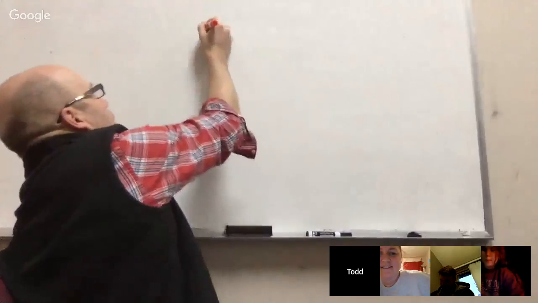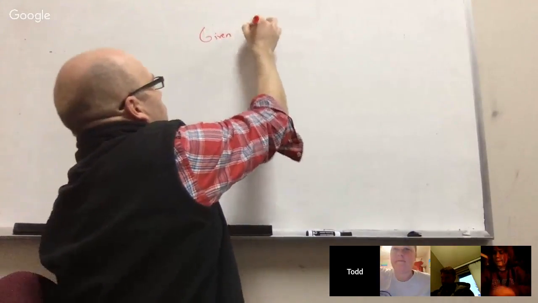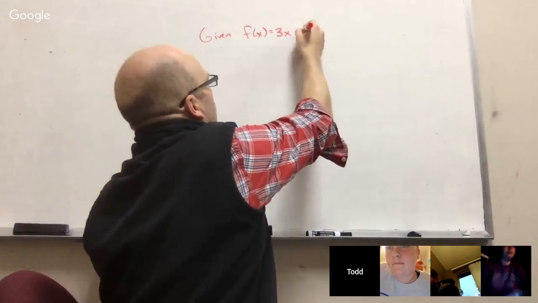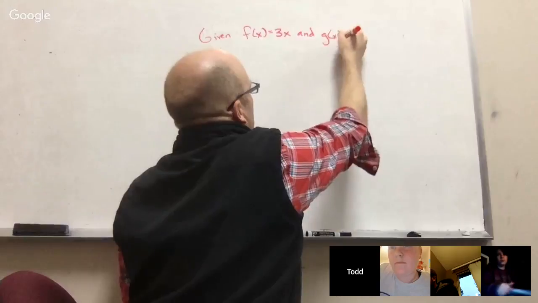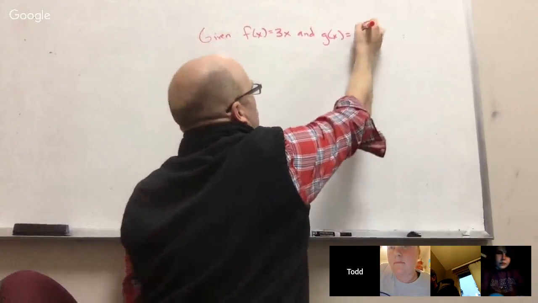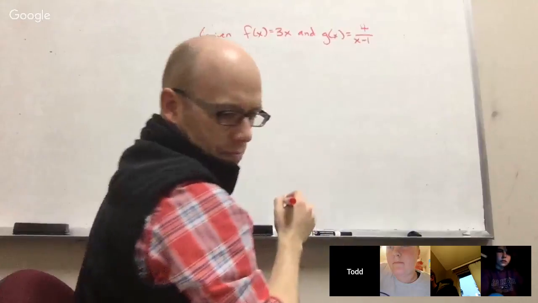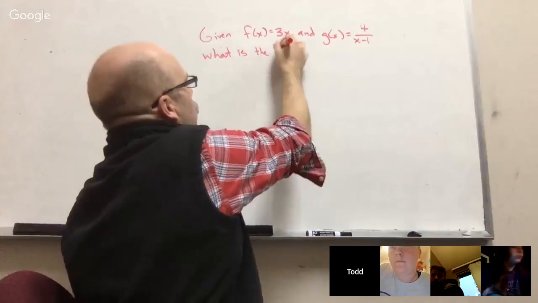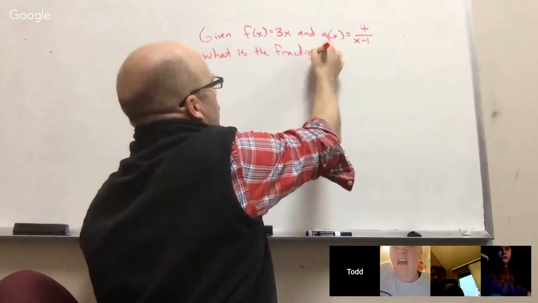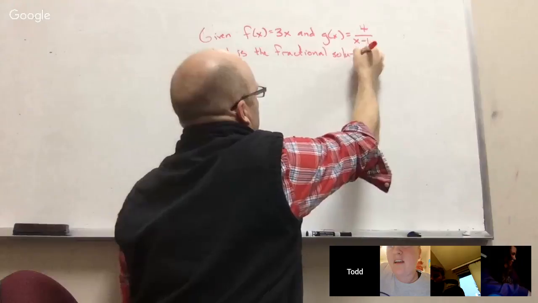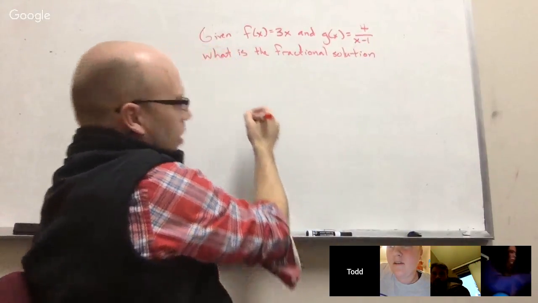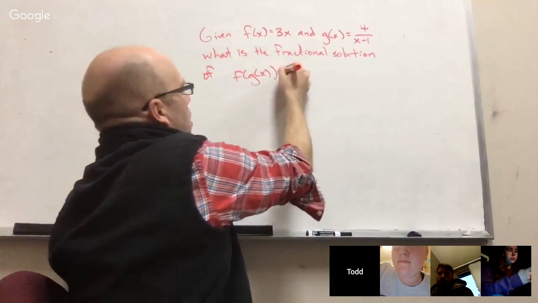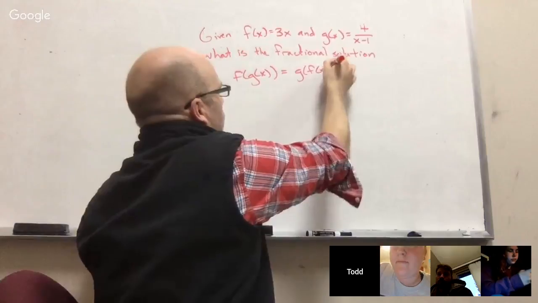So in this one, we are given f of x equals 3x and g of x equals 4 over x minus 1. What is the fractional solution of f of g of x equals g of f of x?